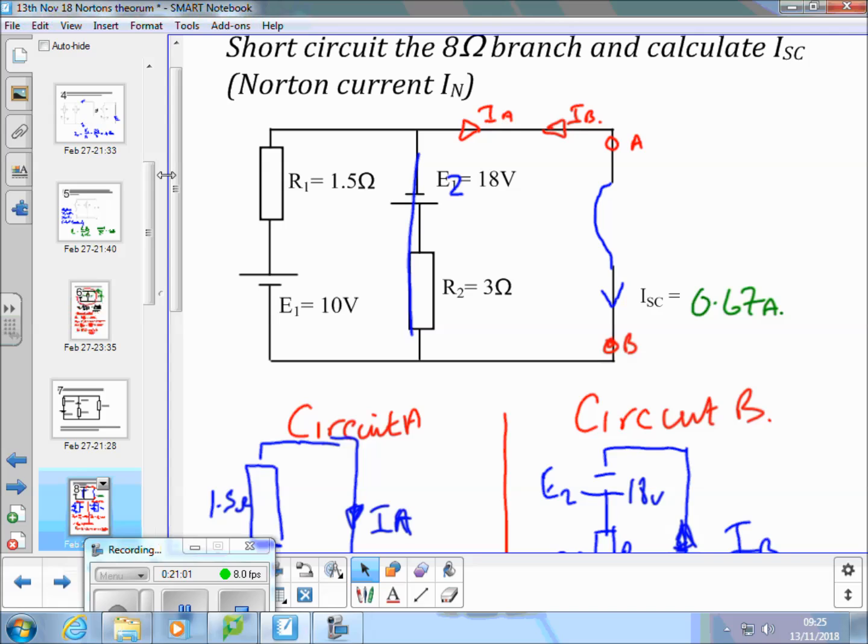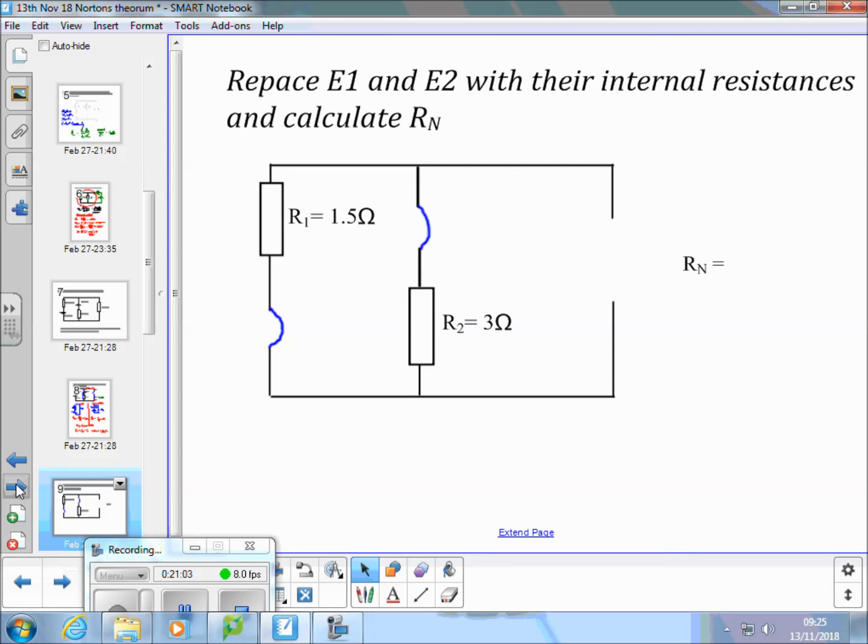The Norton resistance we calculate by short circuiting both E1 and E2, so they've both been replaced with the resistance of an ideal voltage source, and then Rn is the resistance looking back in. So how do I calculate Rn in this case?